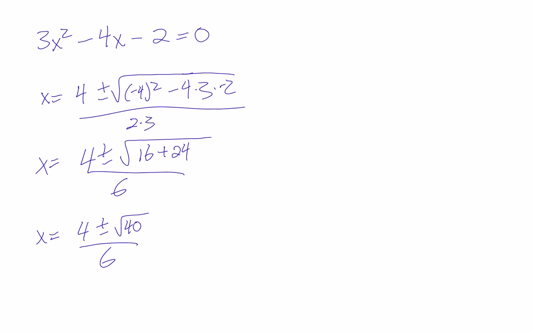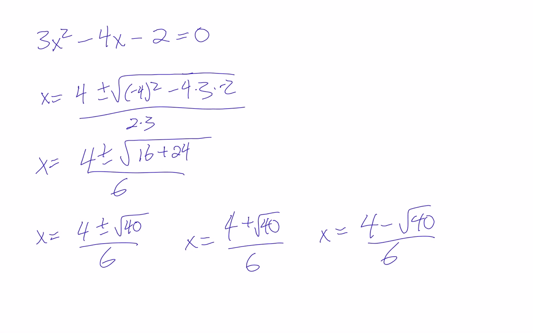And the square root of 40 doesn't work out evenly, right? It works out as a decimal, so we can just leave it. We don't need to write the decimal answer. You can just write it as 4 plus root 40 divided by 6, and your second answer would be 4 minus root 40 divided by 6. And you can just leave them like that.